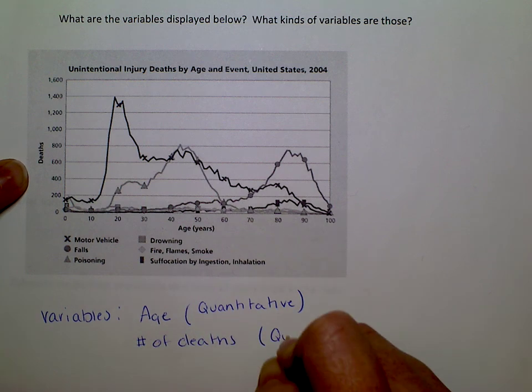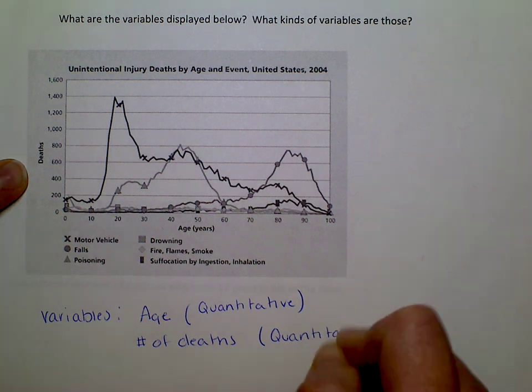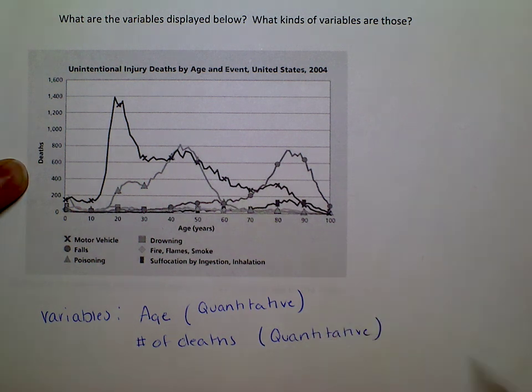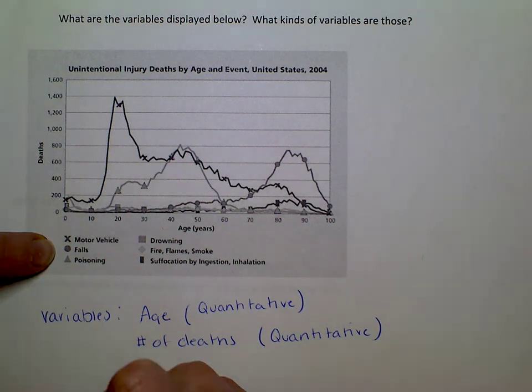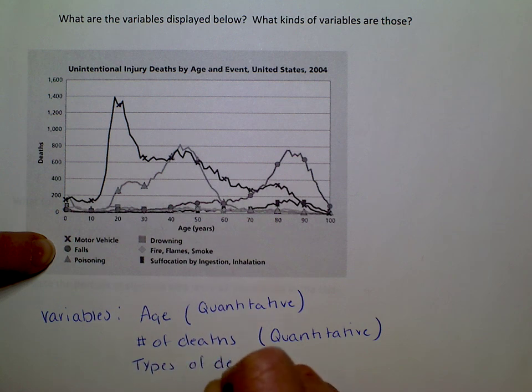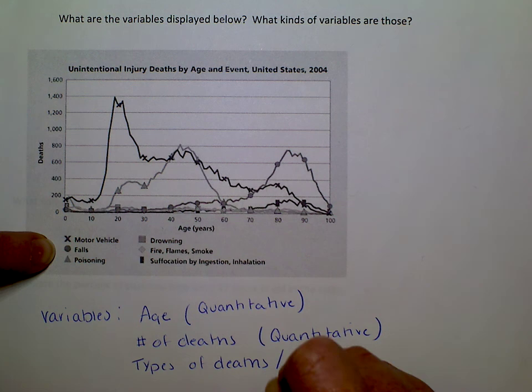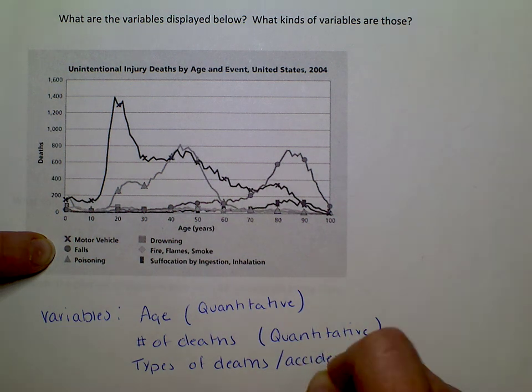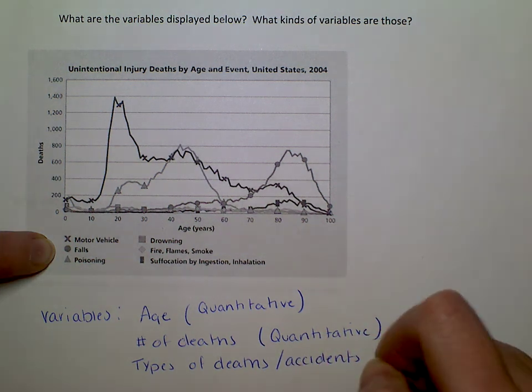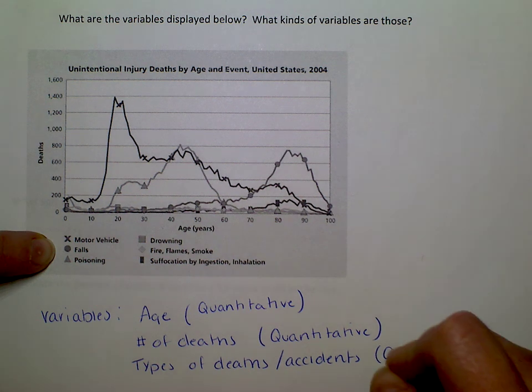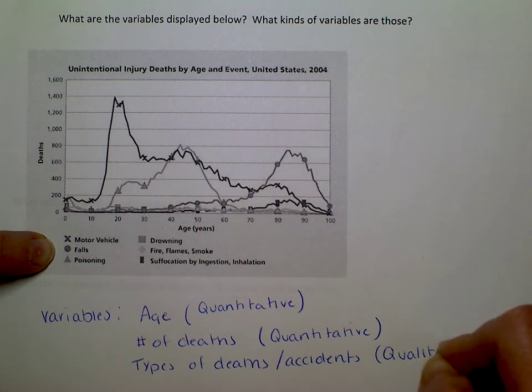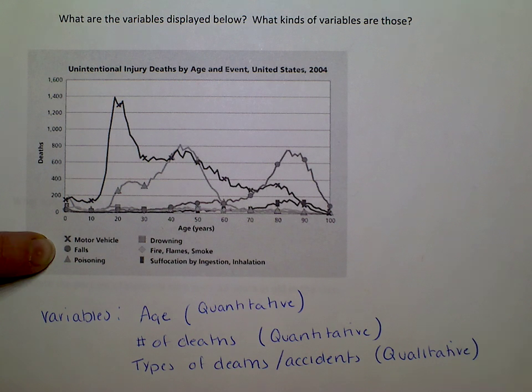That's a number, so that's quantitative. There's actually a third variable here because you have this key down here, and you've got lots of different lines. So you can have types of deaths or accidents. Could probably argue either or there, but that would be qualitative because that's not numerical.